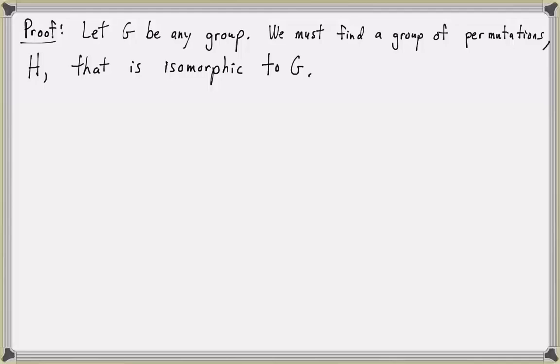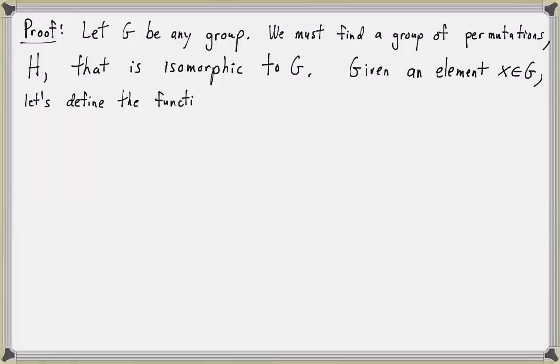So suppose we have an element of G that's called x. Given an element x in G, let's define a function. We're going to call this function p sub x to stand for a permutation that depends on x.